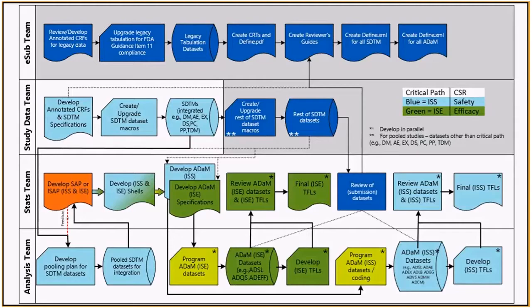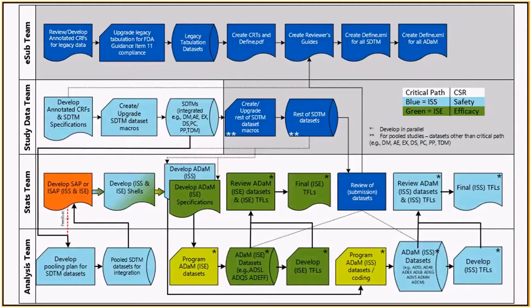Then once those are set, the analysis team can take those data sets and create the statistical analysis plan for the individual study, or the ISAP integrated for the integrated summary of safety and integrated summary of efficacies. So using the ISAP, they can develop the shells, or if it's just a SAP, they can develop the shells for the study.